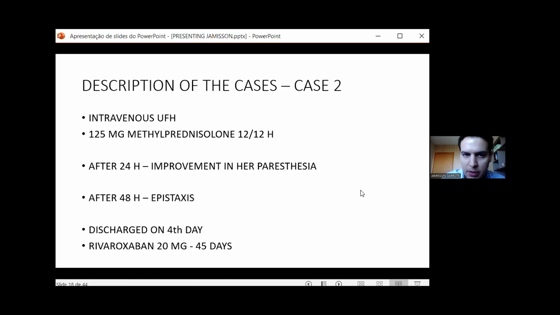She didn't present any other complications, and was discharged on the fourth day once her symptoms had improved significantly, maintained under ambulatory monitoring on 20 milligrams of rivaroxaban per day for 45 days too.